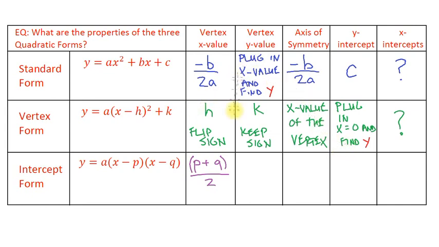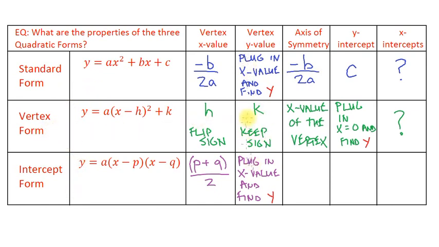Okay, how do you find the vertex y value? Well, same way you actually do it for standard form. You plug in the x value and find y. Now, if you're thinking to yourself, oh gee, I got to remember these two methods for the standard and intercept form and this method for vertex form.